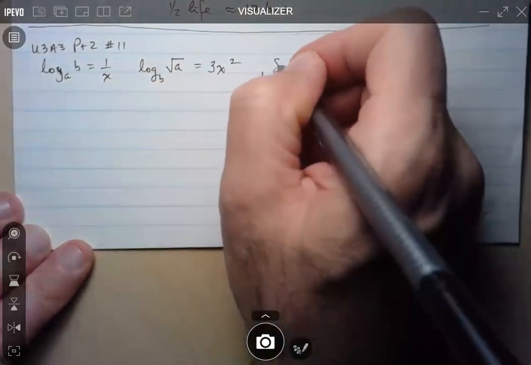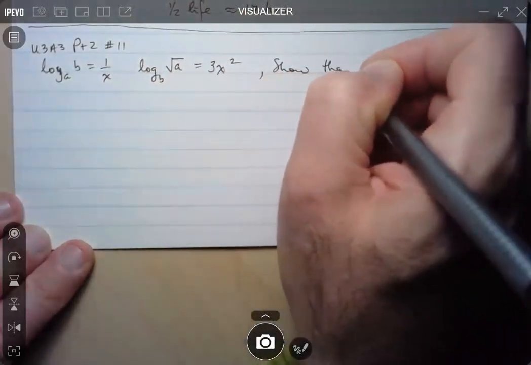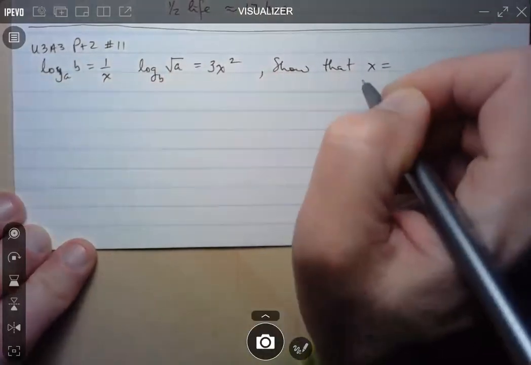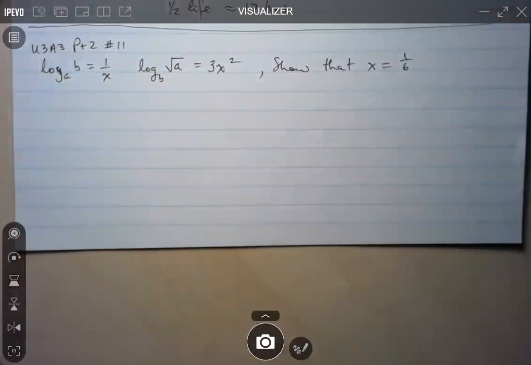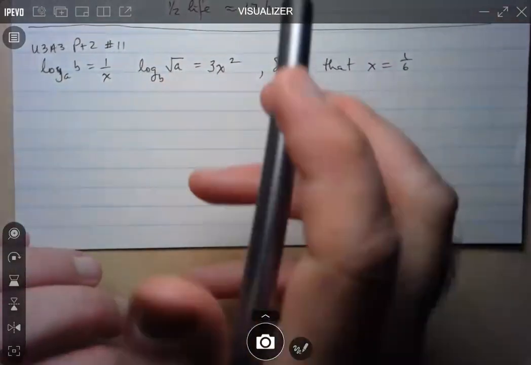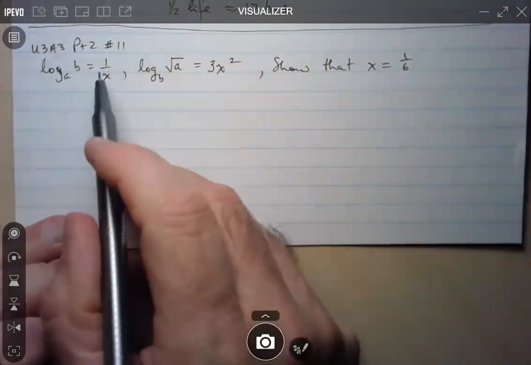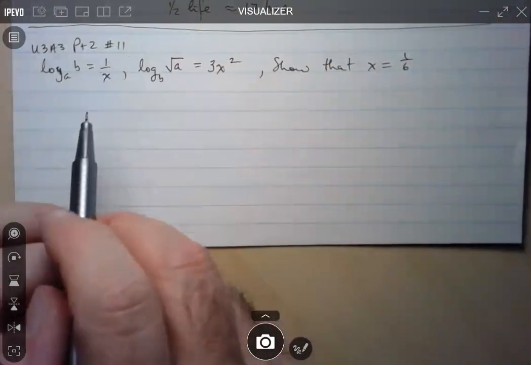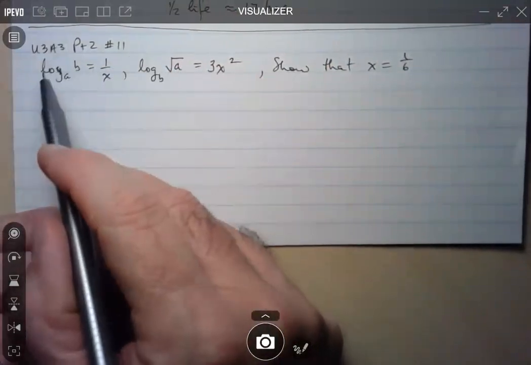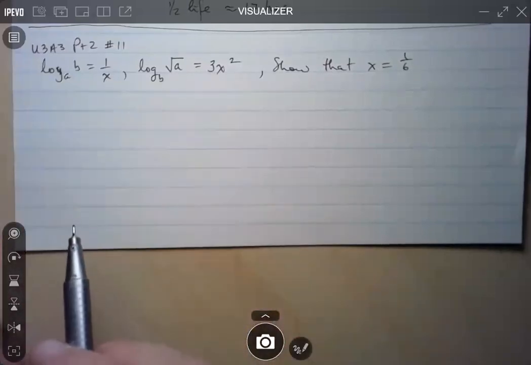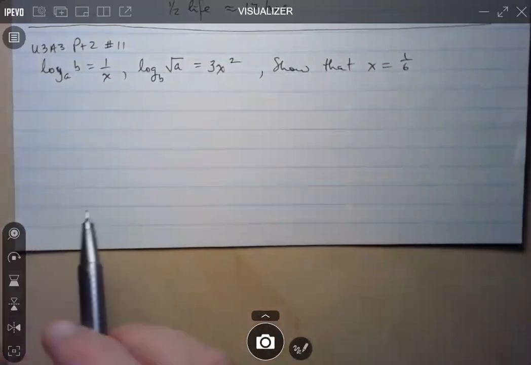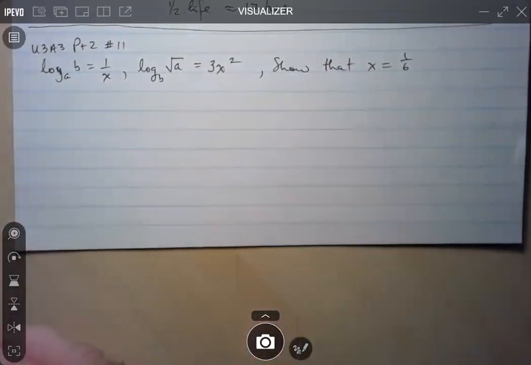And they want us to show that x has to be equal to 1 over 6. So these equations we know are true, so we can use them. We can manipulate them as we want, and presumably in doing that, we'll get to the fact that x is equal to 1 over 6.